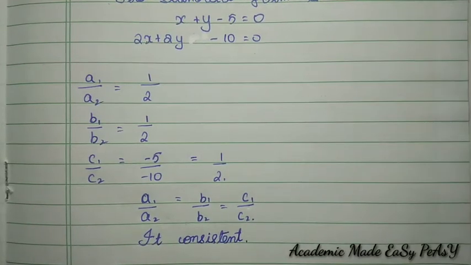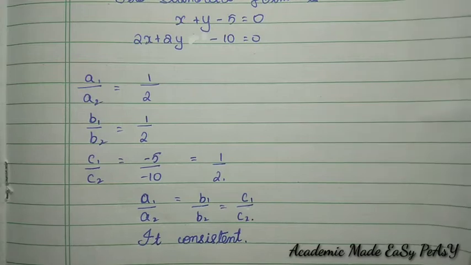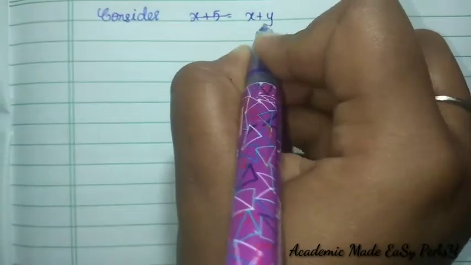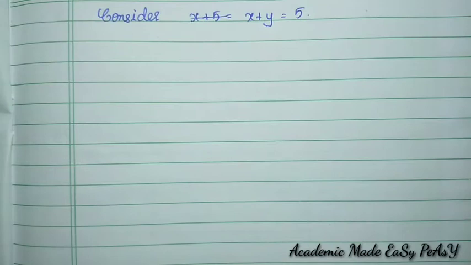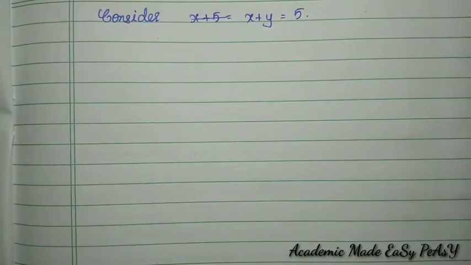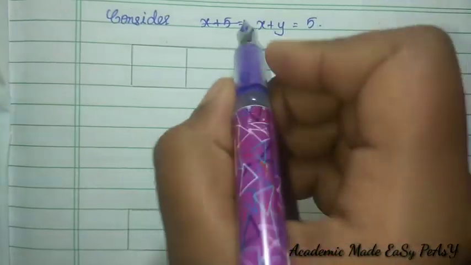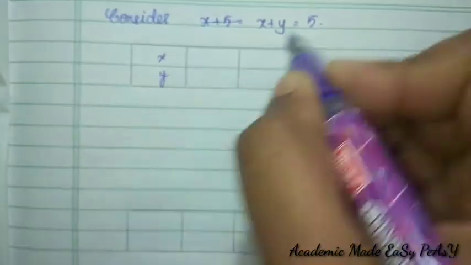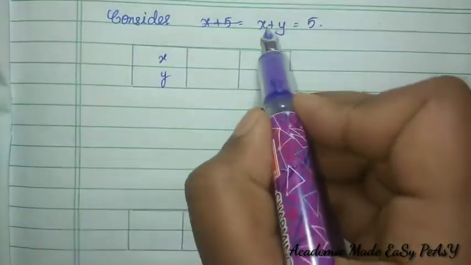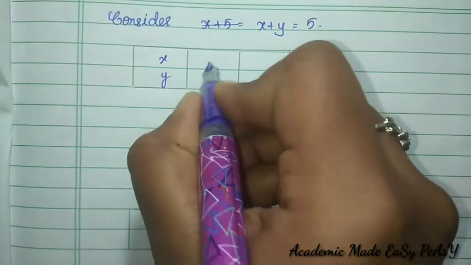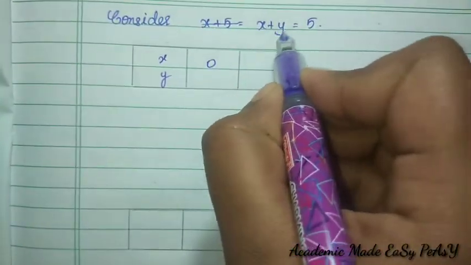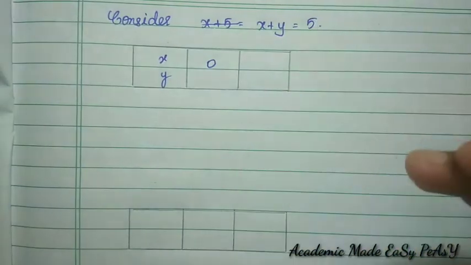So now let's start finding the solutions or coordinate points. First let us consider x plus y is equal to 5. Now let me draw the solution table with x and y. First let me take the value of x as 0. So if x is 0, 0 plus y is equal to 5, which means y is equal to 5.